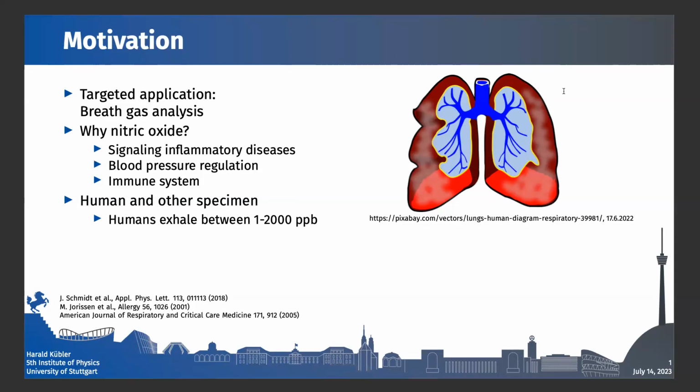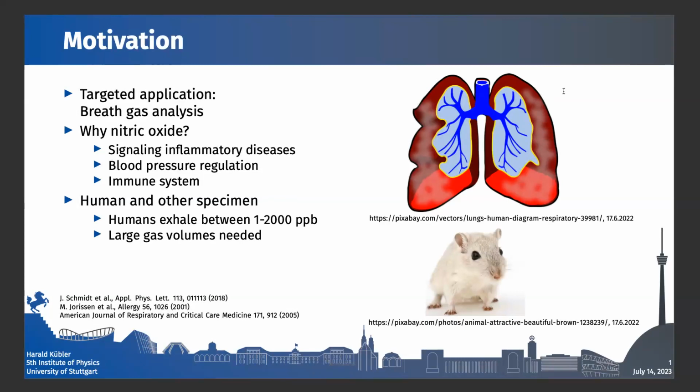And just to give you a number, a healthy human exhales something like a part per billion concentration of nitric oxide, and it can go up by a factor of 2,000, and that's the sign of potential disease.